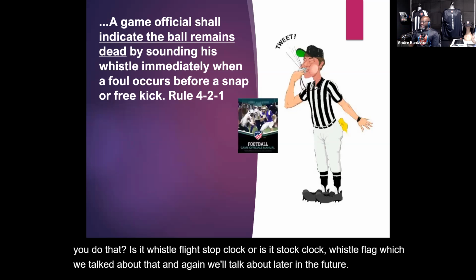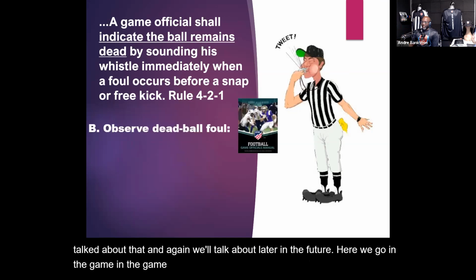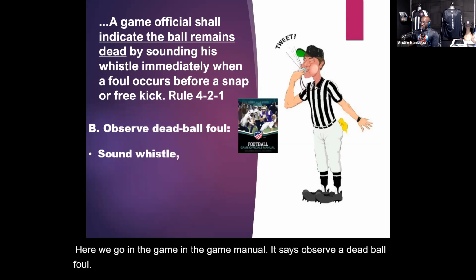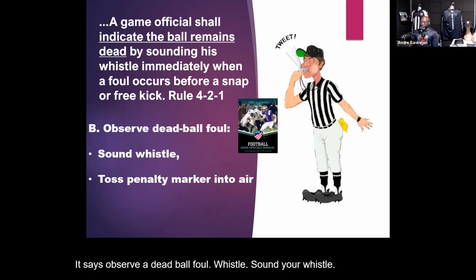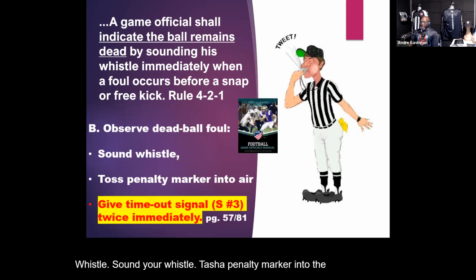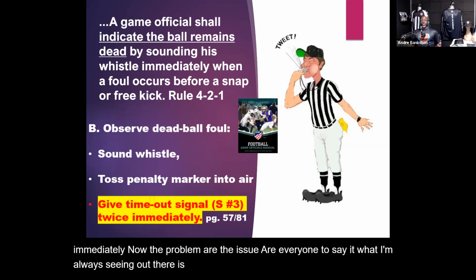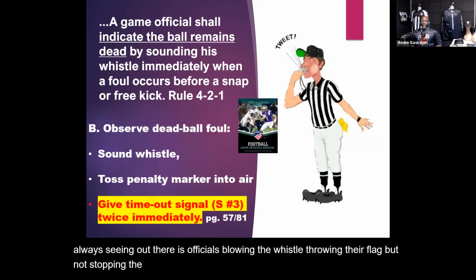Here we go. In the game manual, it says to observe a dead ball foul: sound your whistle, toss your penalty marker into the air, and then give the timeout signal twice immediately. Now, the issue that I'm always seeing out there is officials blowing the whistle, throwing their flag, but not stopping the clock, not doing signal 3.